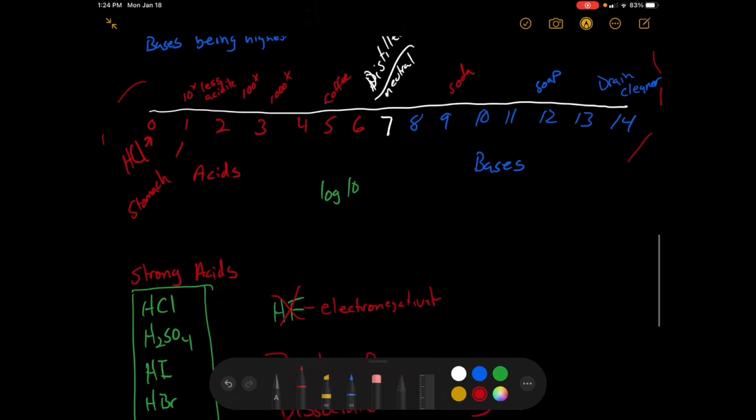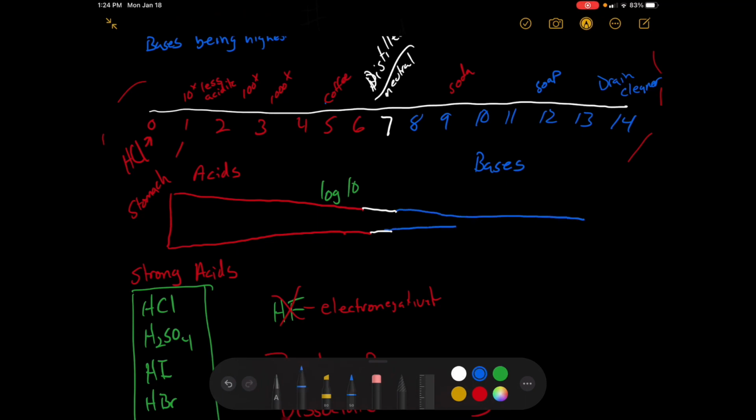So the acidity of this, actually, let's do it like this. We're going to make this arrow like this. Nope. It's a patriotic acid pH scale.